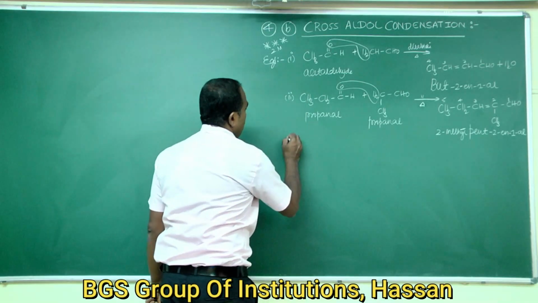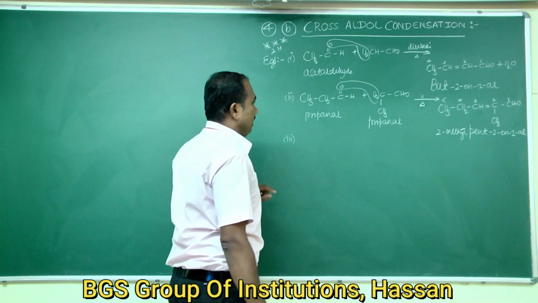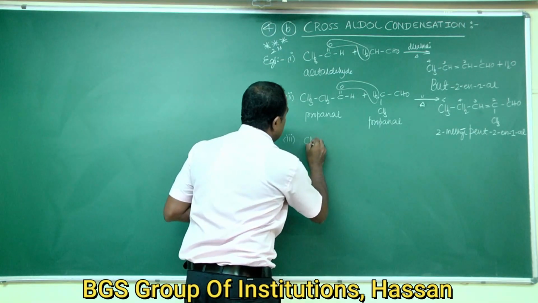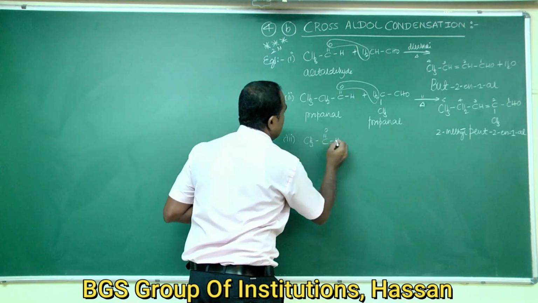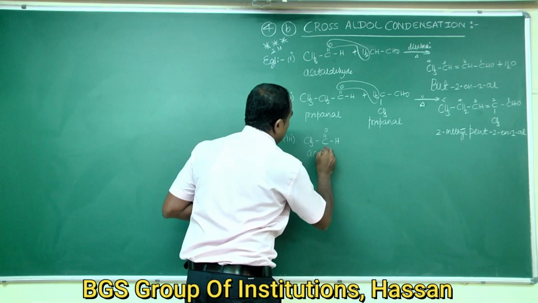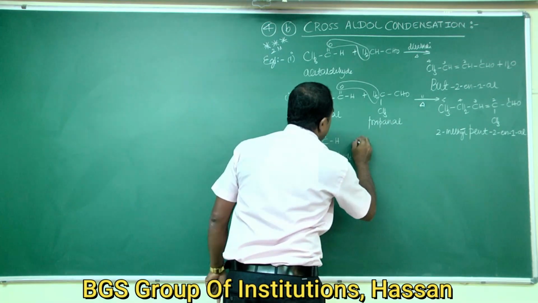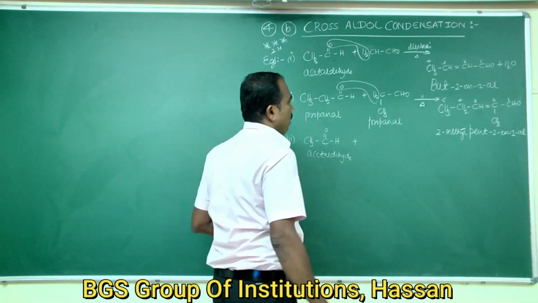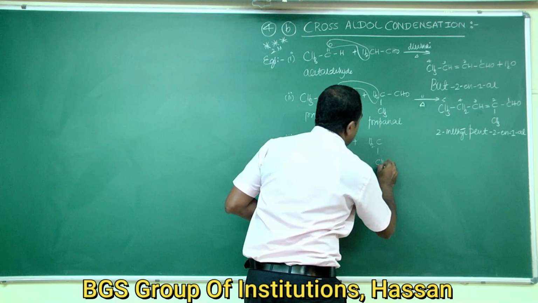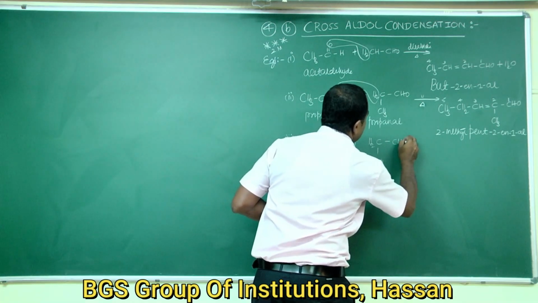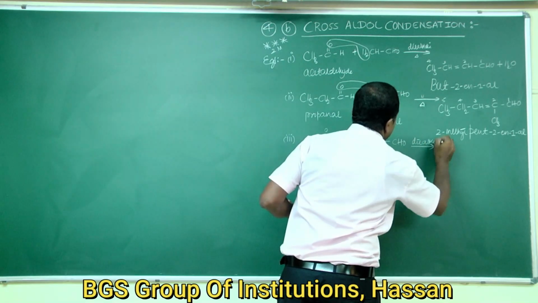Okay, so third one. Take different aldehydes: CH3CHO, acetaldehyde, and another molecule, propanal, CH2CH3CHO, in presence of dilute alkali.